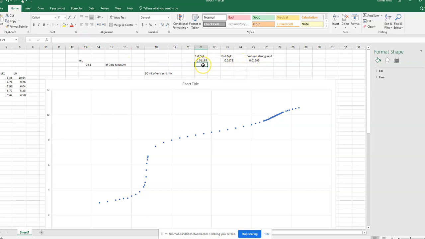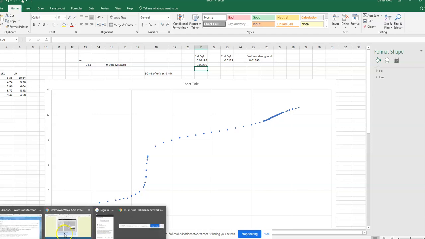So let me do the calculation in Excel here. It's going to be this times 0.01 and divided by, is it divided by 0.005 or 0.05? 0.05. 0.0239, is that what we said last time?